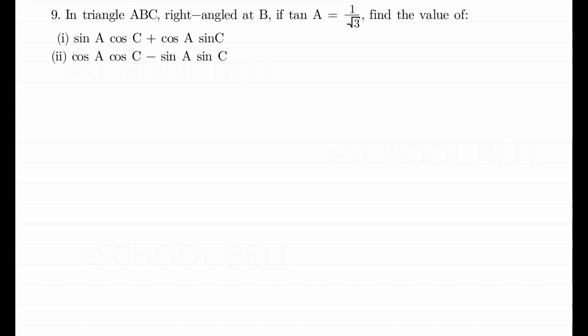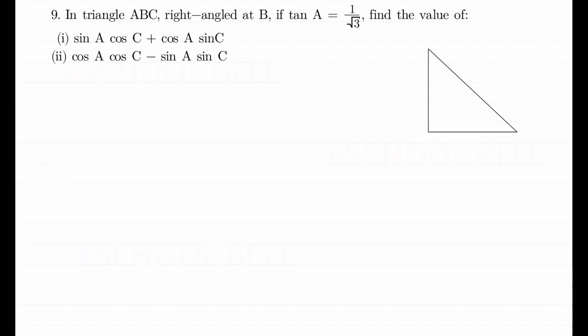Once we find all three values, we can put them directly in the question, sin A cos C plus cos A sin C, solve that and get the answer. Okay, so let's start solving the problem.